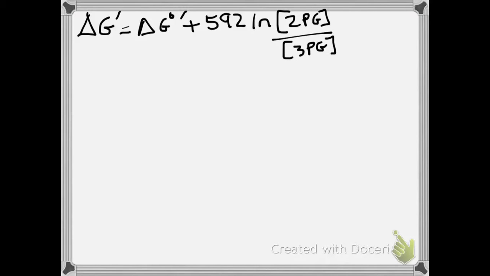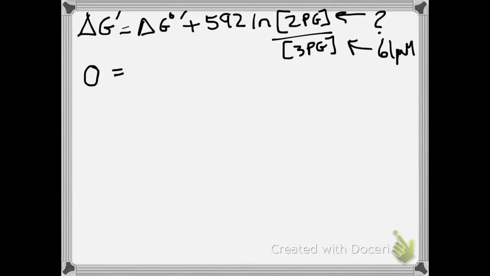Okay, that's our starting point. We're talking about a situation that switches from negative to positive. And so we're going to set delta G prime to 0, and we're going to solve for the concentration of 2-PG. This is going to be our unknown, and the 3-PG is going to be set at 61.